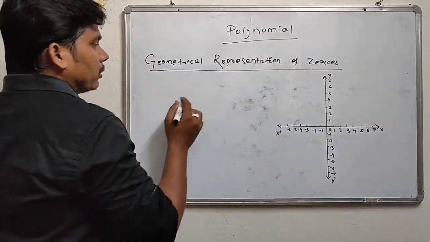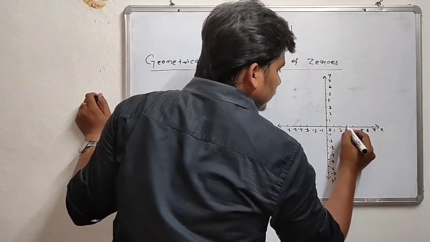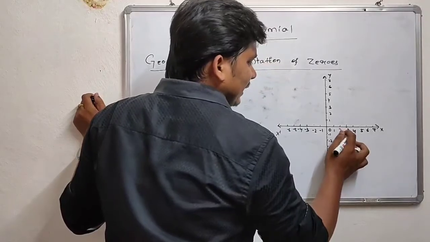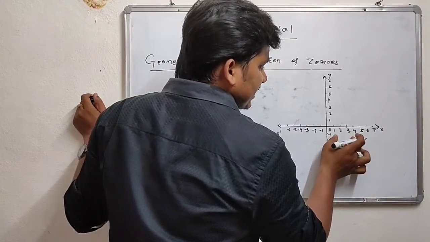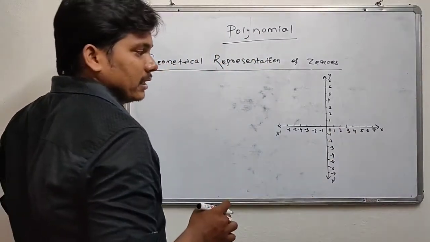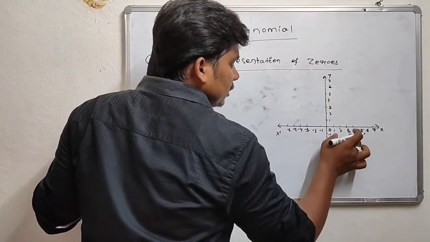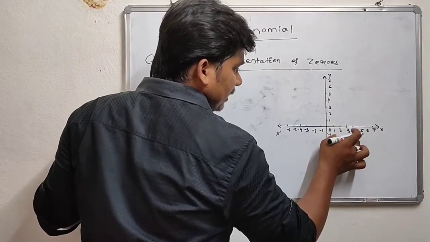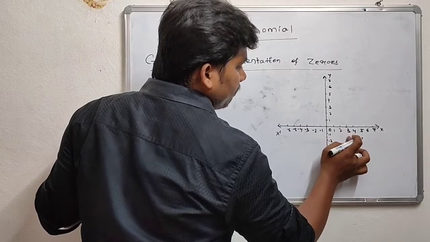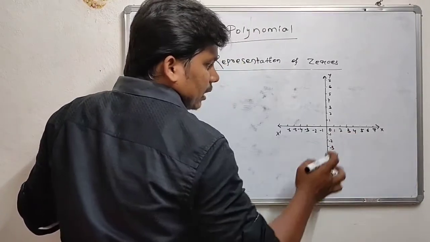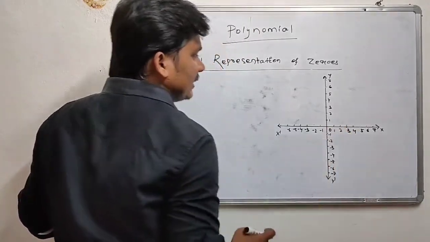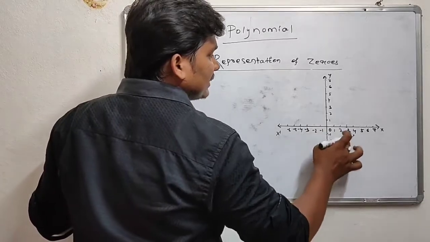See, what is the position of this 3? This 3 is some distance apart from the origin, from the origin it is 3. But what about the x-axis and y-axis?